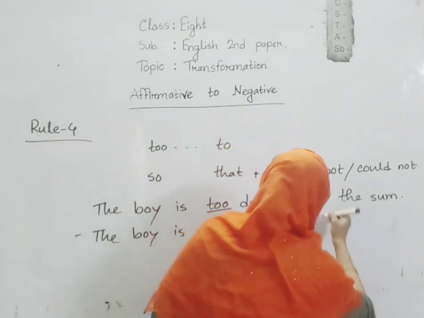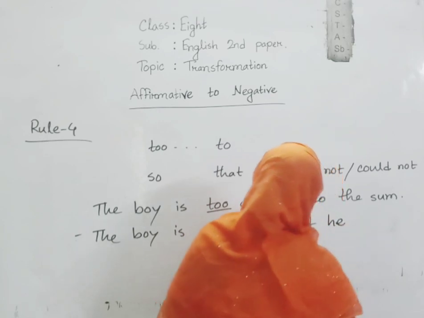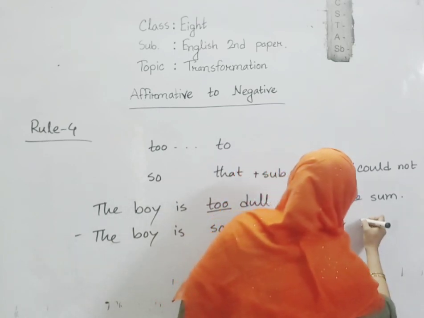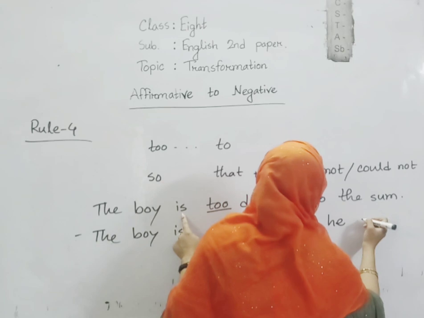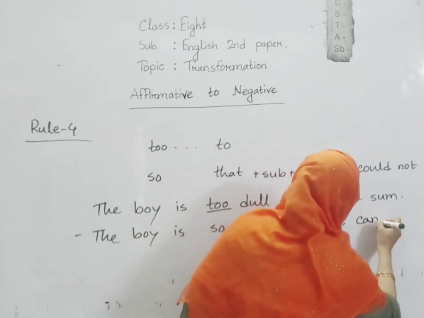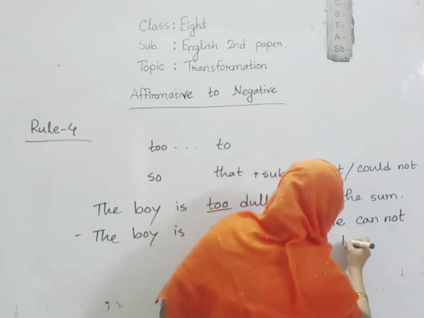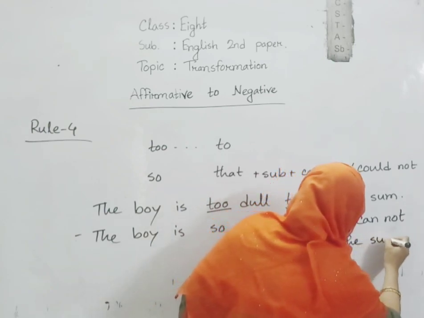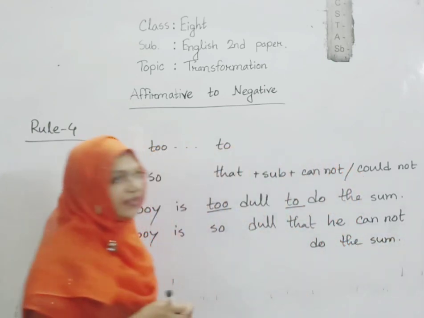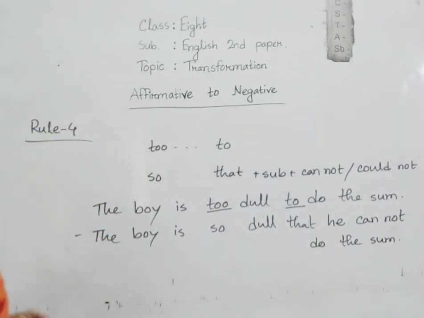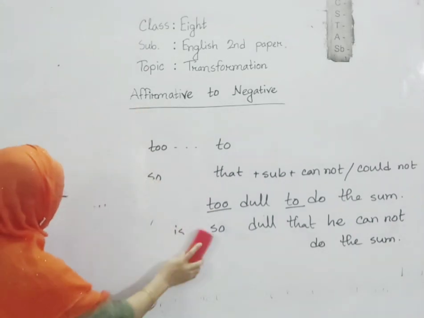For the boy, we will write down he as subject, and the verb is present here, so cannot do the sum. That's the answer. Now it's time for homework.